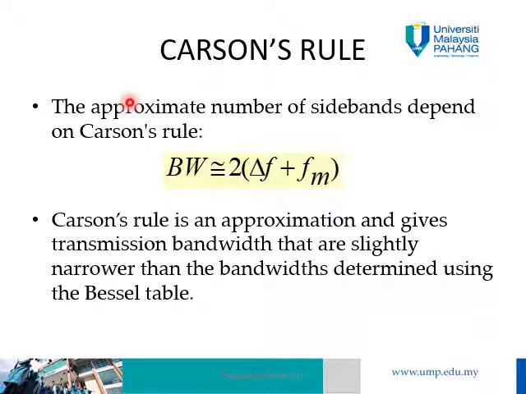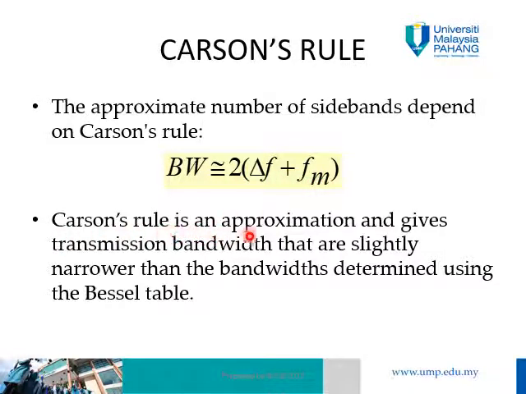There is another way to determine the bandwidth, which is using Carson's Rule. Carson's Rule gives the approximate number of sidebands by this equation, where the bandwidth is equal to 2 multiplied by delta F plus Fm.